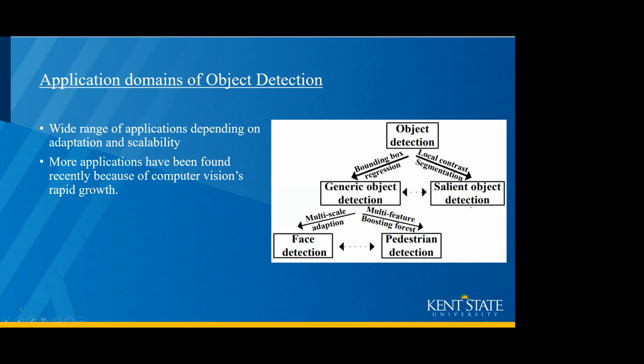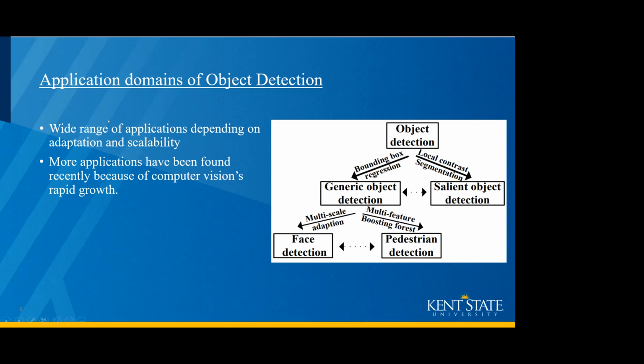Salient object detection is more just differentiating an object from the background, while generic object detection is just generic. It detects all objects in the background. And then this can also scale down to multiscale adaptation with facial detection, or multi-feature boosting, or boosting forest with pedestrian detection. And I'm going to get into those.